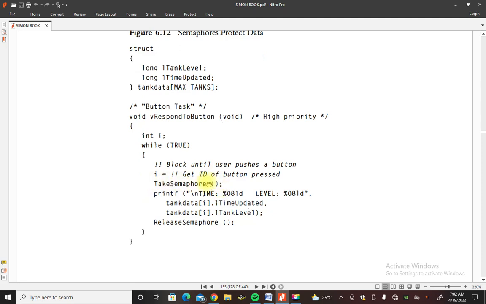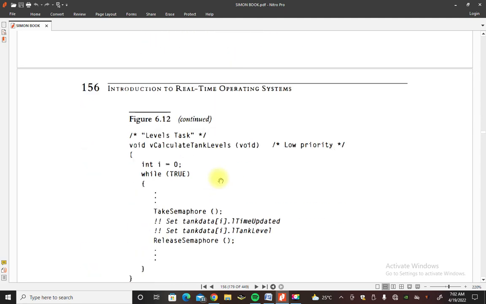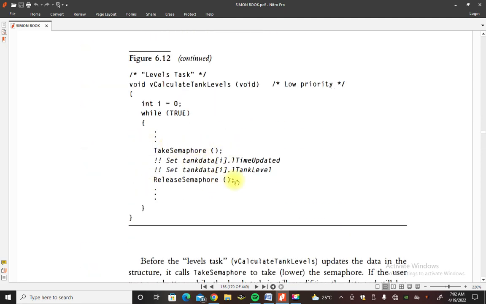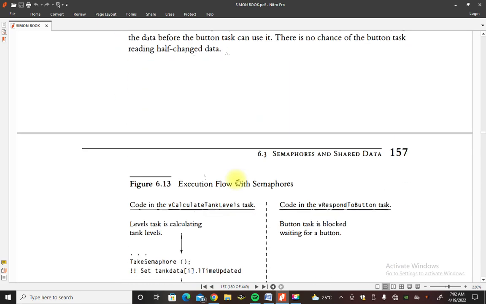Here you can see take semaphore and release semaphore in the highest priority button task, and take semaphore and release semaphore in the lowest priority level task, and this is the place where the shared data problem will happen. This is the critical section. Wherever there is a critical section, semaphores are used, such as take semaphore and release semaphore.